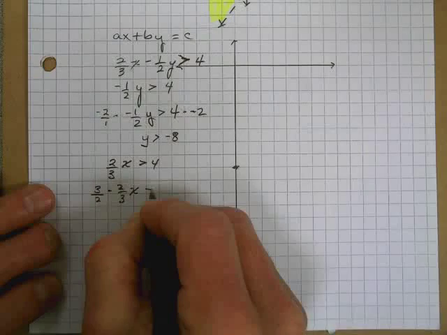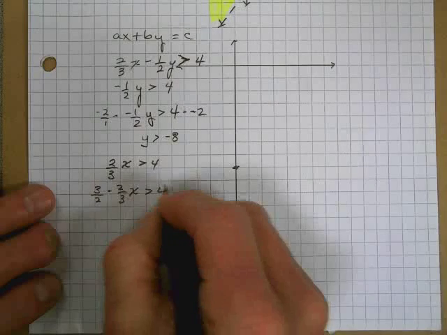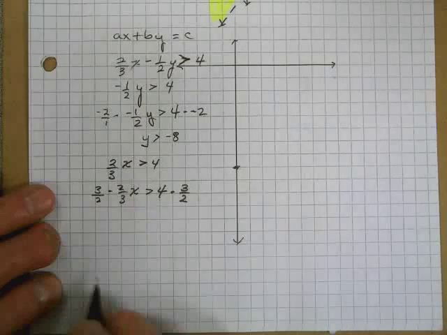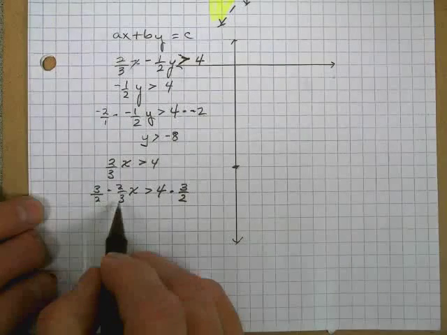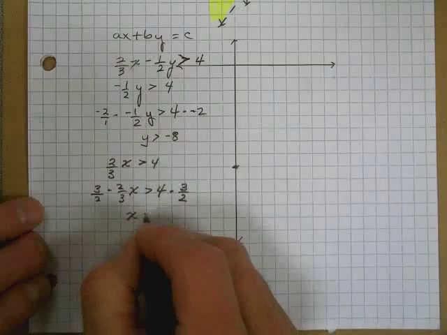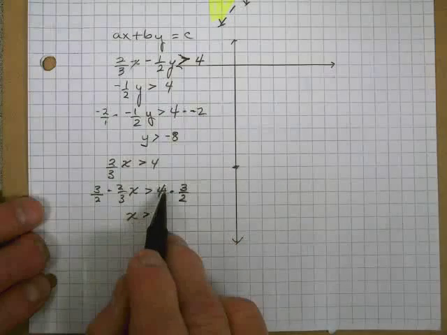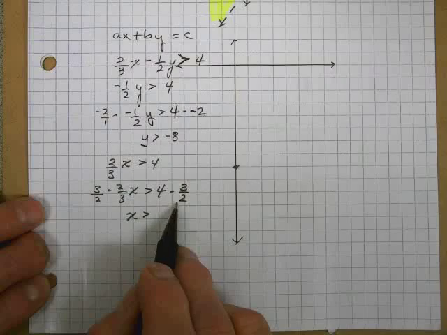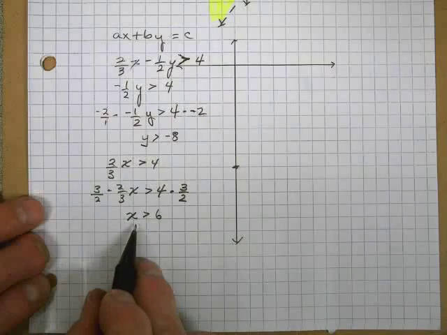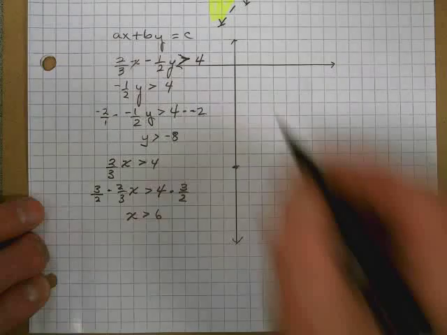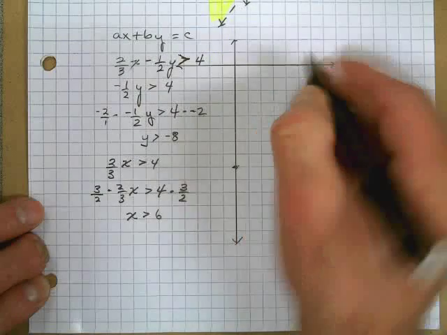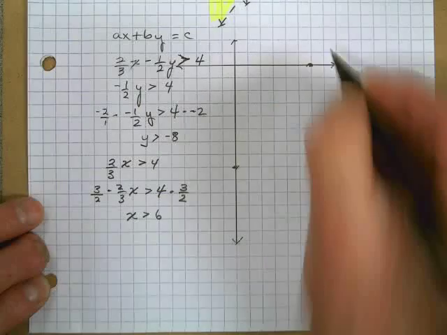So 3/2 times 2/3 x is greater than 4 times that same 3/2. Notice that 3/2 times 2/3 is 1, and 1x is just x, is greater than 4 times 3 is 12, divided by 2 is 6, so x is greater than 6. Our x-intercept is 6. So 1, 2, 3, 4, 5, 6.